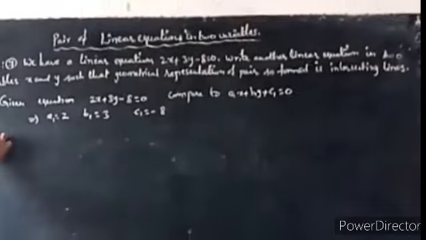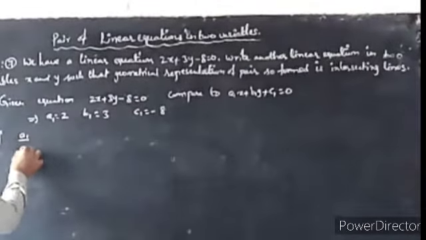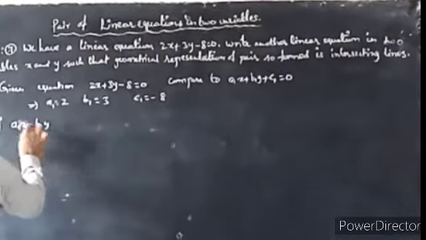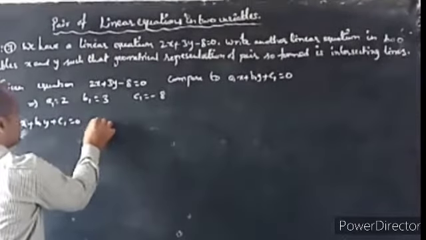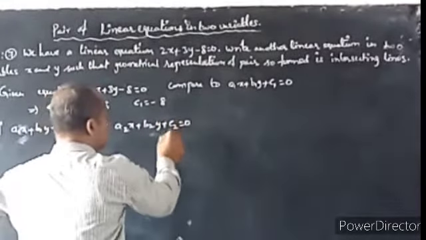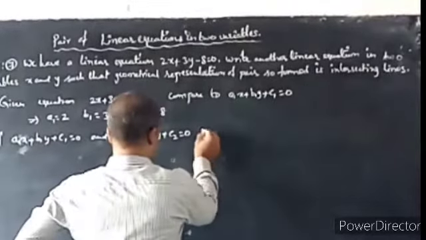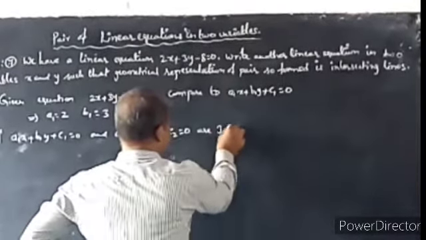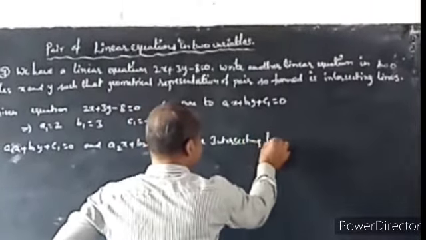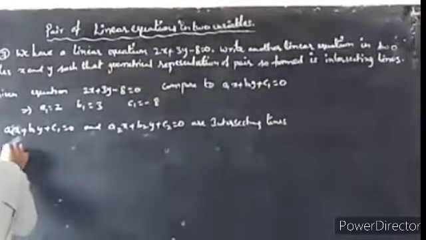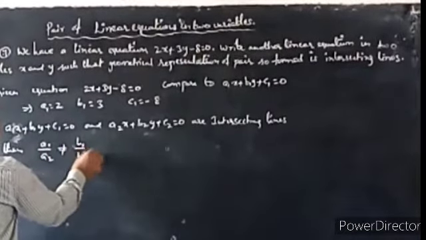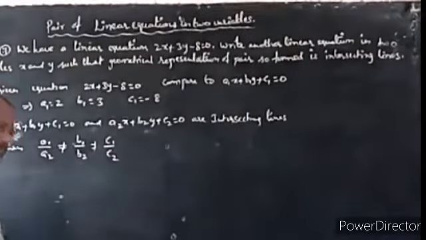If a1x plus b1y plus c1 equals 0 and a2x plus b2y plus c2 equals 0 are intersecting lines, then a1 by a2 not equals b1 by b2 not equals c1 by c2.